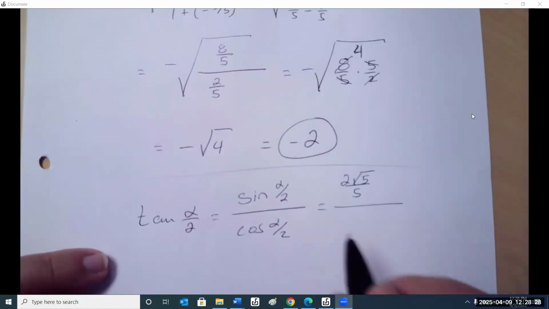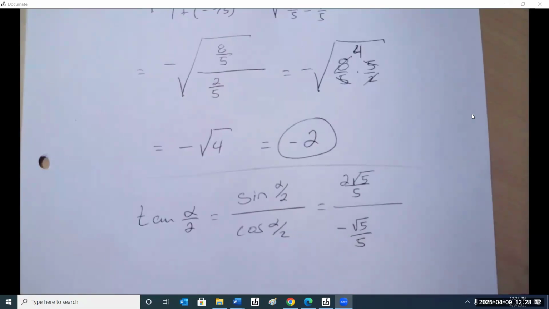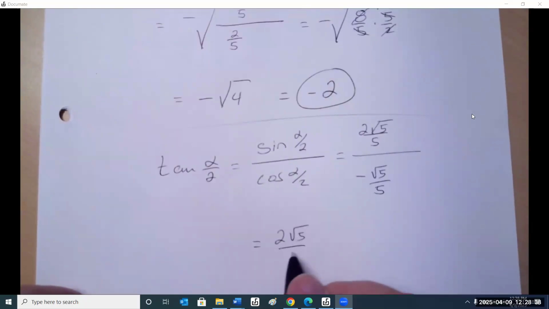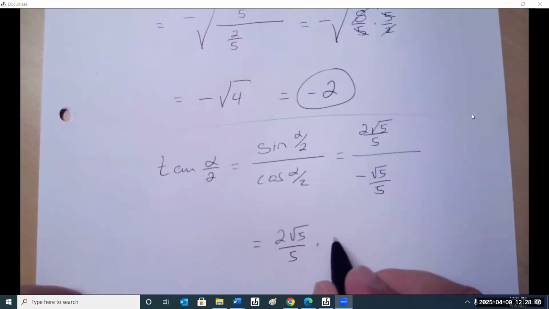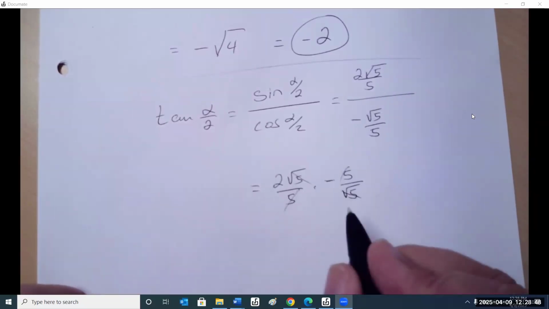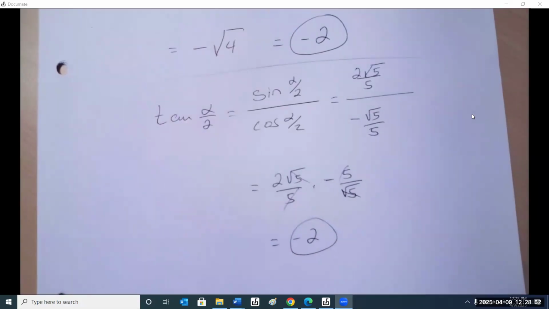Cosine was negative radical 5 over 5. Take the top one, leave it alone. Multiply by the flip of the bottom. Fives cancel, radical fives cancel, so we're left with negative 2. That would be faster.